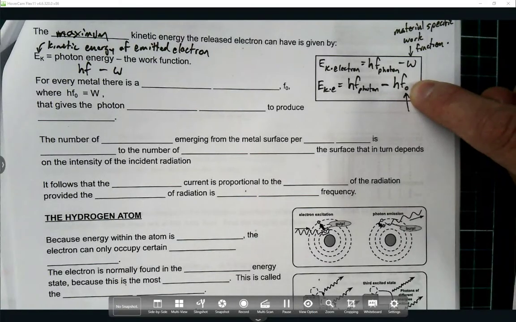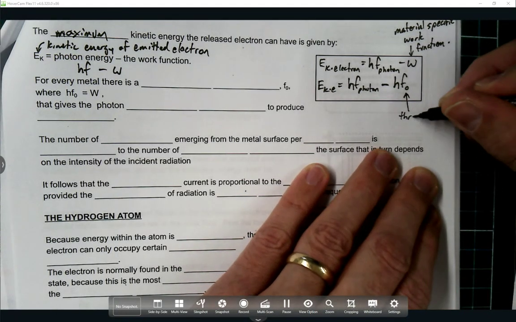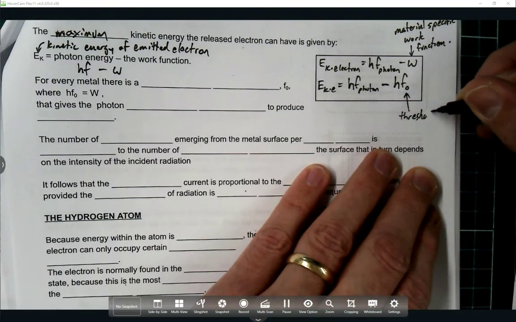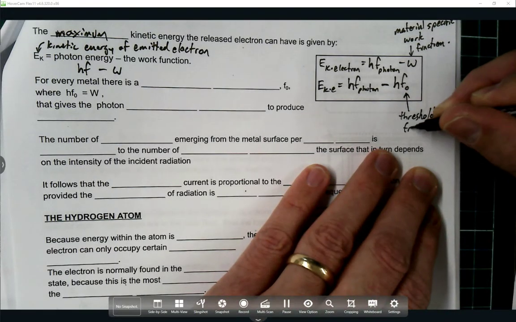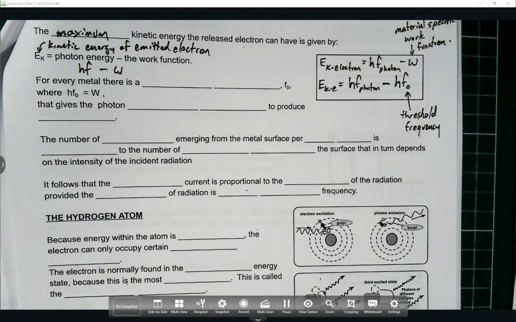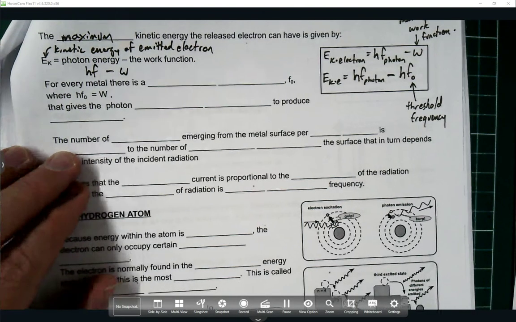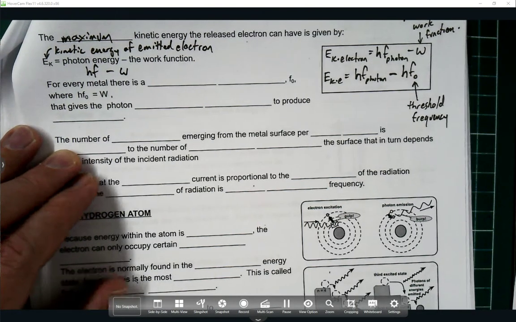Any frequency higher than f naught is going to knock off electrons. But right at f naught, we call that the threshold frequency. And you definitely get this feeling that we've got some overlap of physics and chemistry and neat ideas about quantum going on here simultaneously, right?